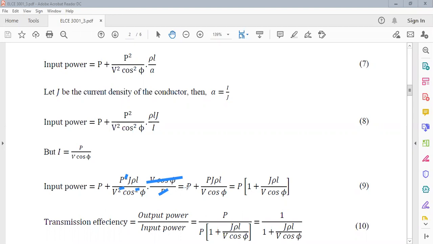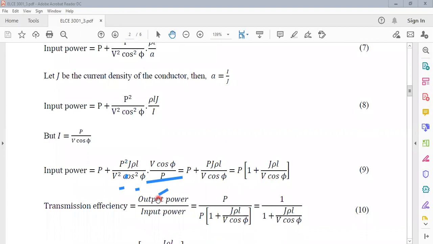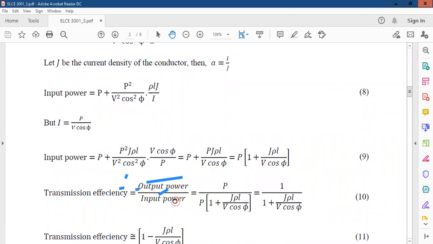Now we take P common, P is common here. So this new equation is going to be P multiplied by 1 plus J rho L over V cosine phi. So this is the final equation. Now, transmission efficiency equals output power over input power.